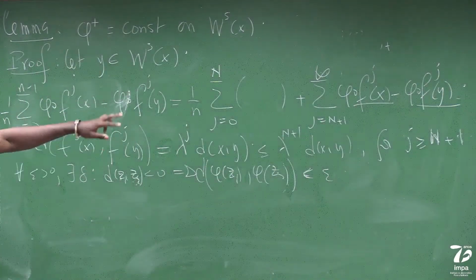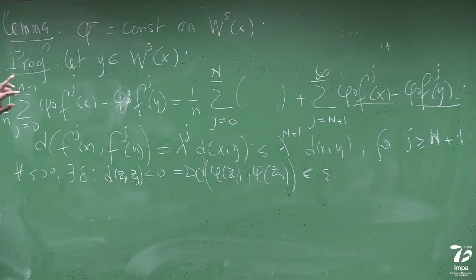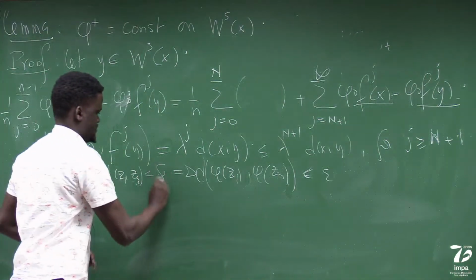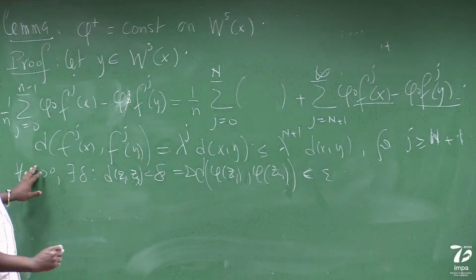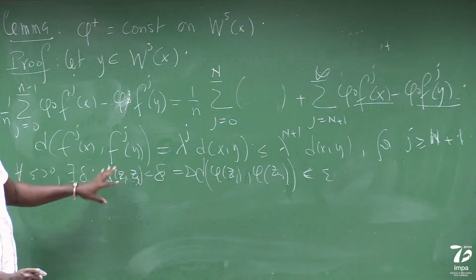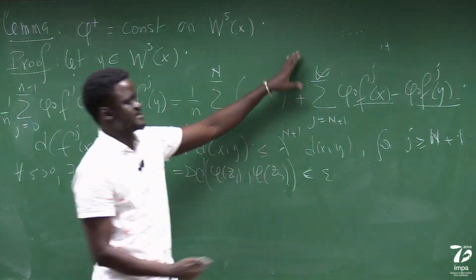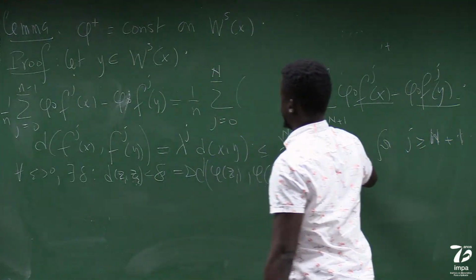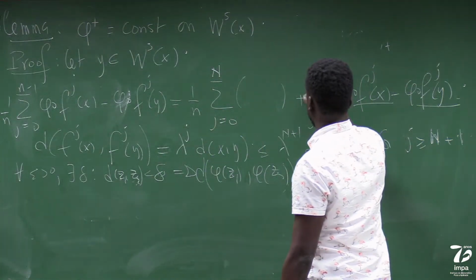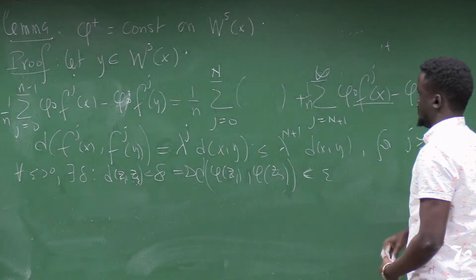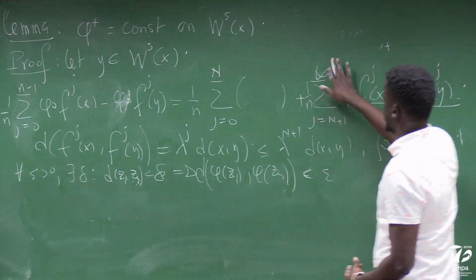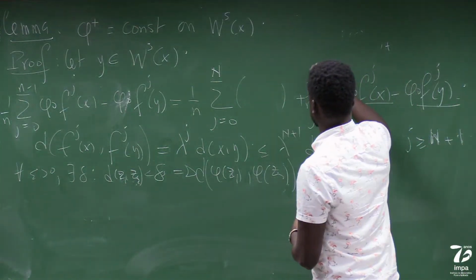So you fix an epsilon, you can choose N such that the distance is less than delta, and this whole thing will be less than epsilon. There is 1 over n; sorry, this is n minus 1.